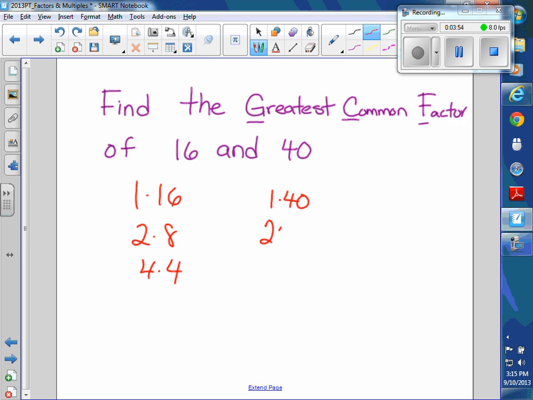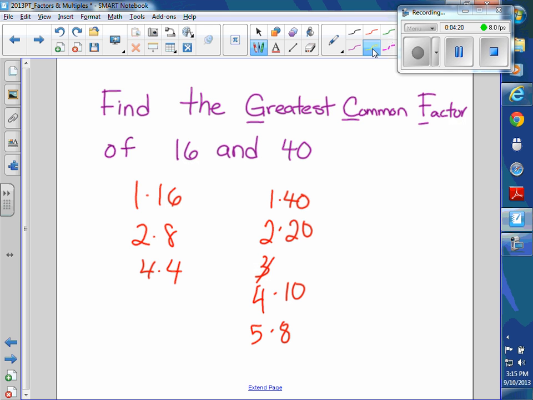How about 2? Does 2 go into 40? Yeah, 2 times 20. Does 3 go into 40? No. Does 4 go into 40? Yes, 4 times 10. Does 5 go into 40? 5 times 8. 6? 7? So those are all the factors of 16 and the factors of 40.